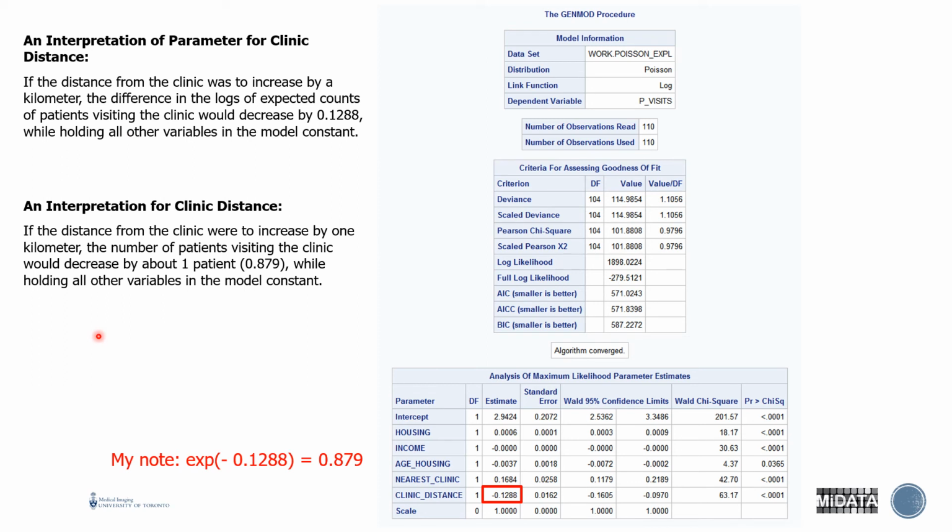If you want to express this finding in the units of interest of your dependent variable, which is patients, you can say if the distance from the clinic were to increase by 1 kilometer, the number of patients visiting the clinic would decrease by about 1 patient while holding all other variables in the model constant.